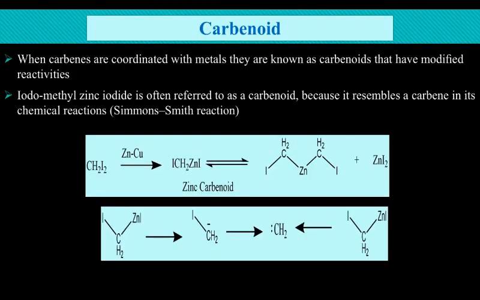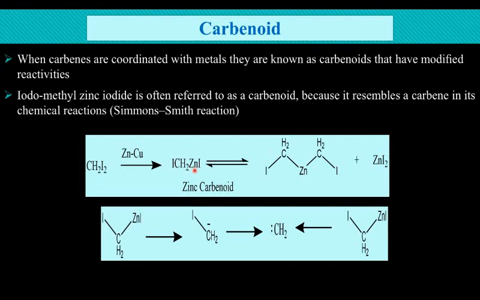Next is a carbenoid. As the name shows, carbenoid means carbene-like. When carbenes are coordinated with metals, they are known as carbenoids, and they have modified reactivity. Iodomethyl zinc iodide is often referred to as a carbenoid, which is prepared from CH2I2 and zinc copper amalgam.